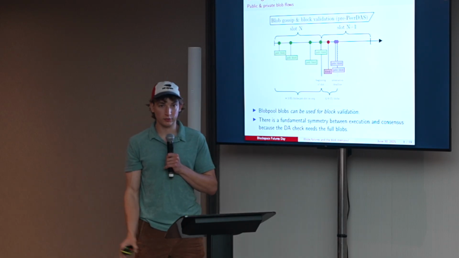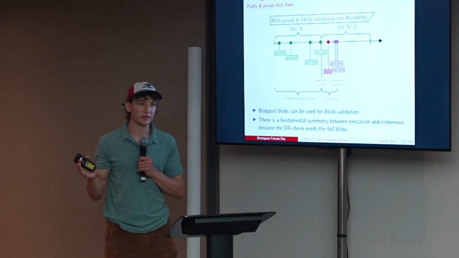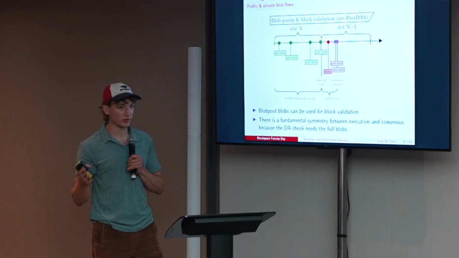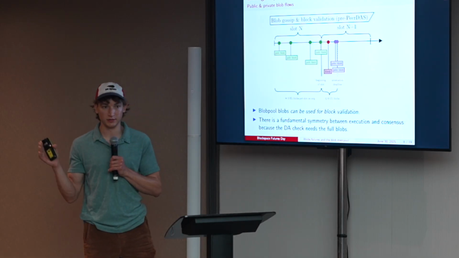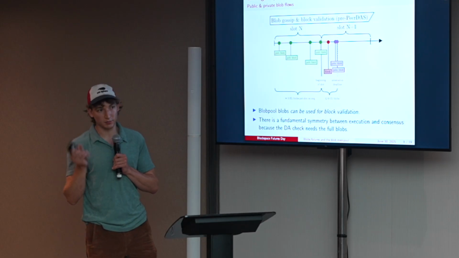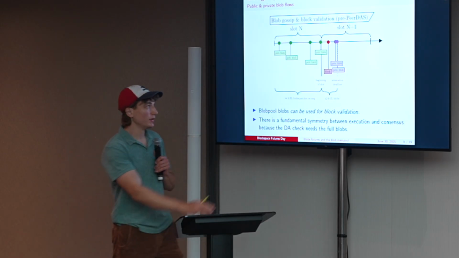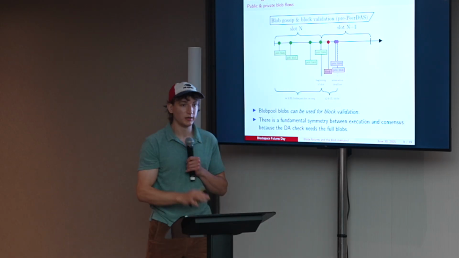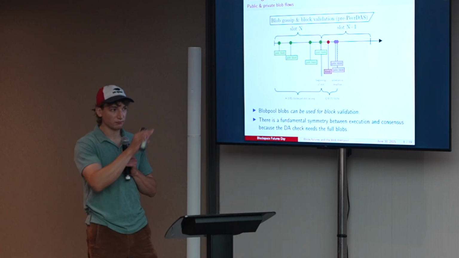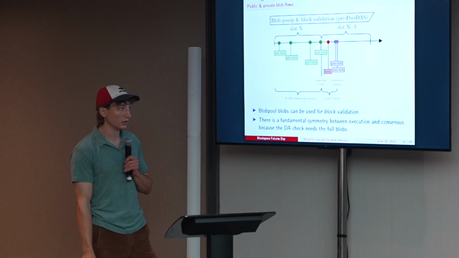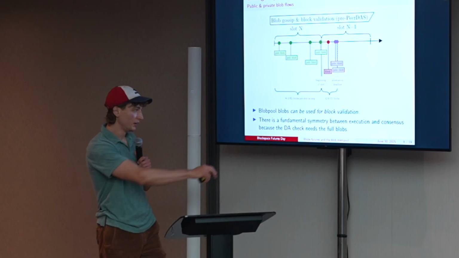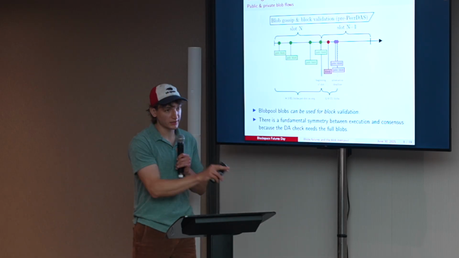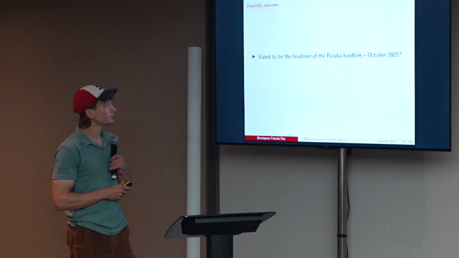So under EIP 4844, the block validation rule says that the full blob has to be available. You have to download all 6 of the blobs to ensure that you can claim that the block is valid. And because the execution layer gossips full blobs, you can already use those and pipeline them straight into the block validation flow. And I guess this is the symmetry that breaks with PeerDAS.